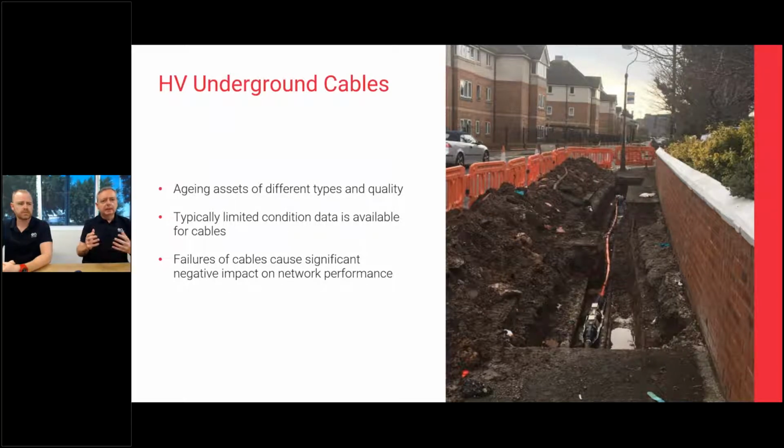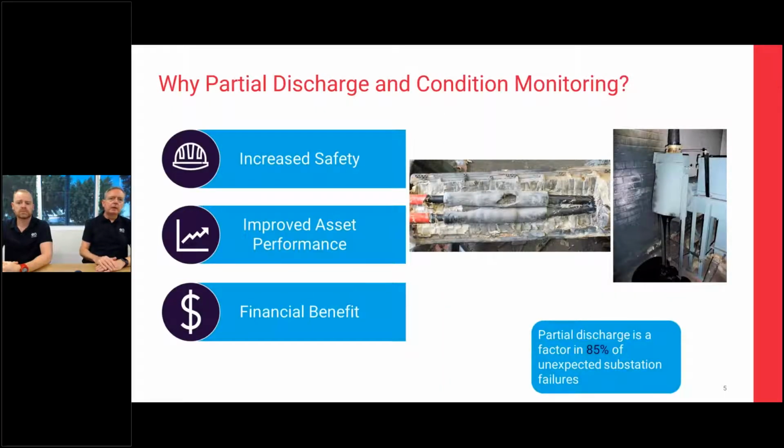So they're an important part of the network, and we've typically got relatively little condition data on that. Overall, why we do partial discharge and condition monitoring, whether on cables, switchgear, transformers or anything, comes down to three main focuses: increasing safety, improved asset performance, and of course a financial benefit.